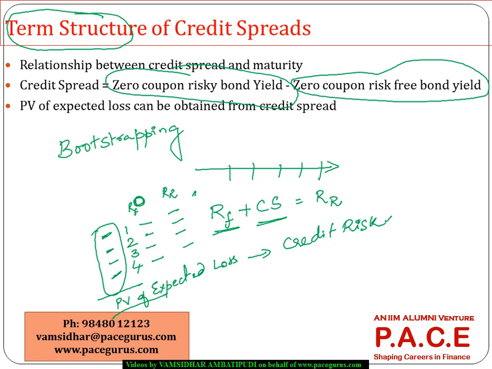So that is the mechanism that is typically used in finding out the present value of the expected loss, which can be used as a part of valuing the credit risk inherent in the bond.